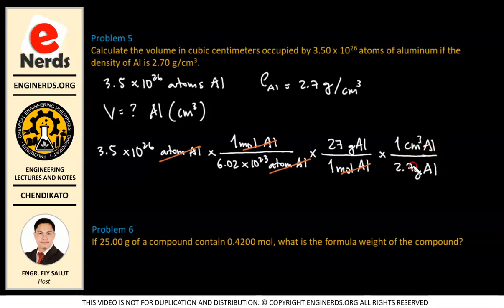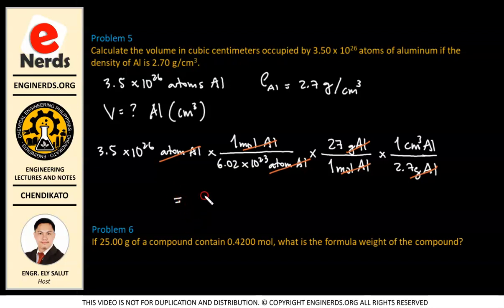This is the density of aluminum. As you can see, the grams of aluminum will be cancelled out, so we will be left with 1 cubic centimeter of aluminum. We will write our answer here later on.